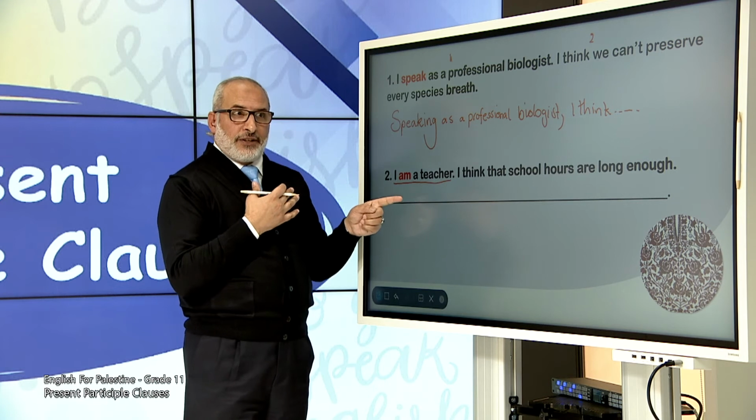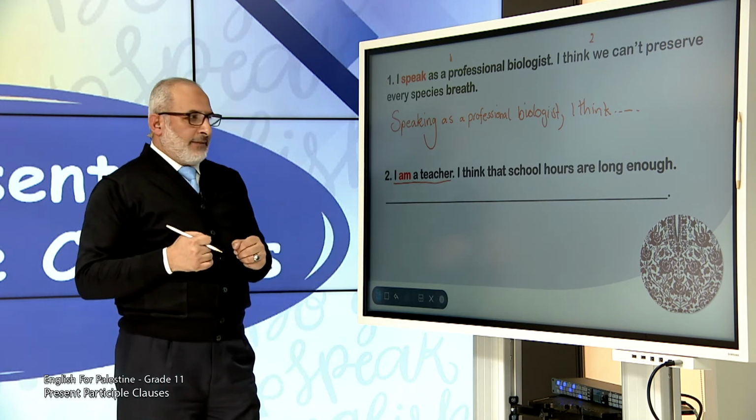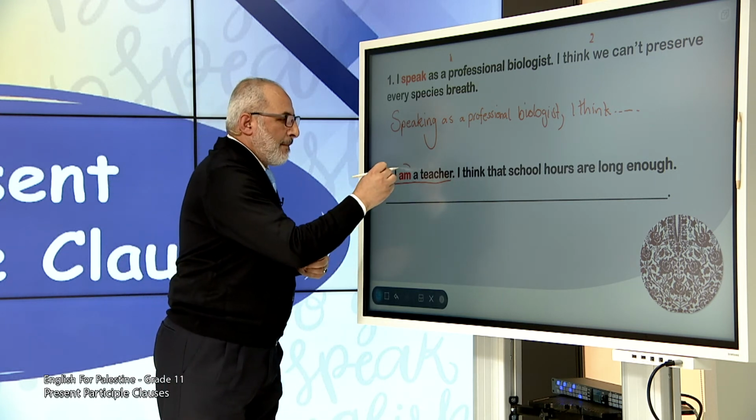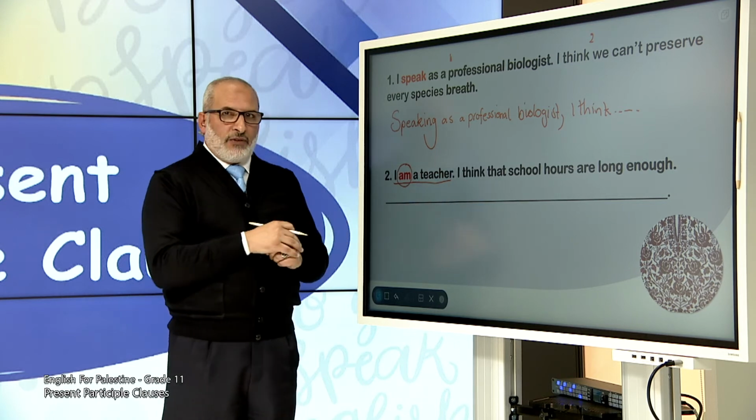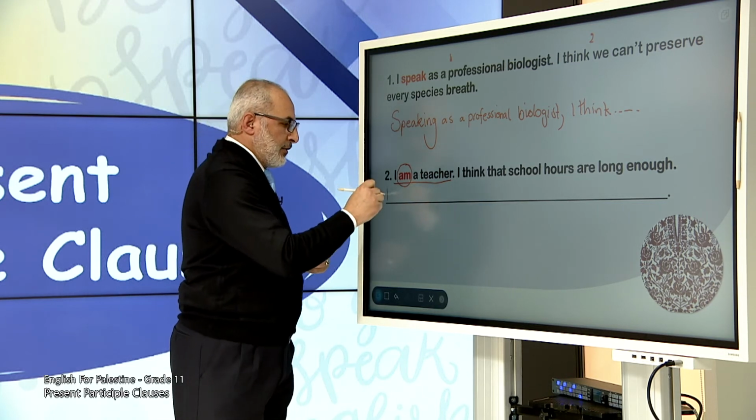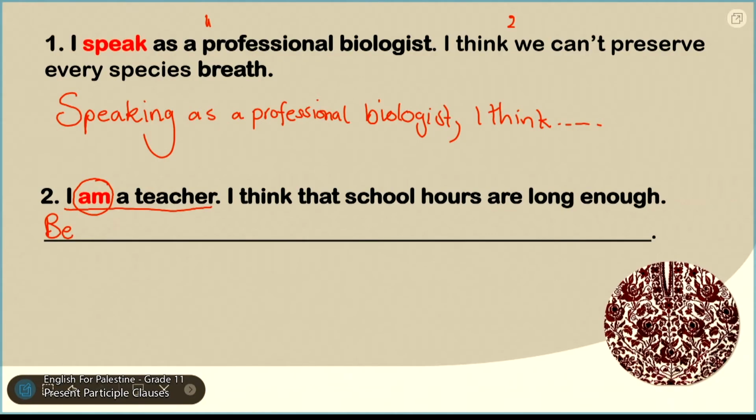I am a teacher. Good. Where's the verb here? The verb is am. What is the infinitive of am? Be. Good. We add ing: being a teacher, comma, I think that school hours are long enough.